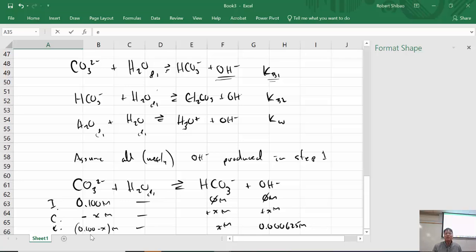Normally we use K to solve what x is, but in this case we can't use K. But can you tell what x is? Yeah, 0.000625 molar. This is our x.